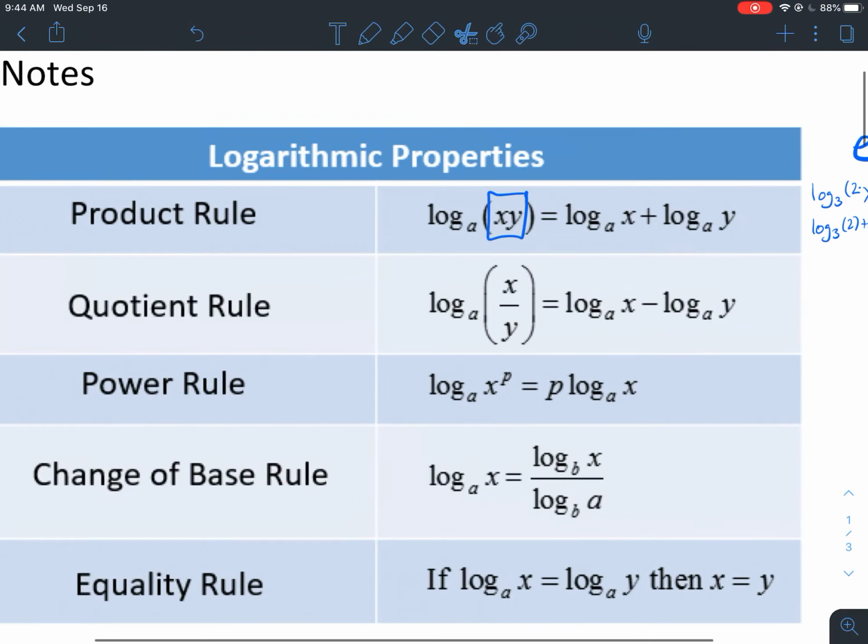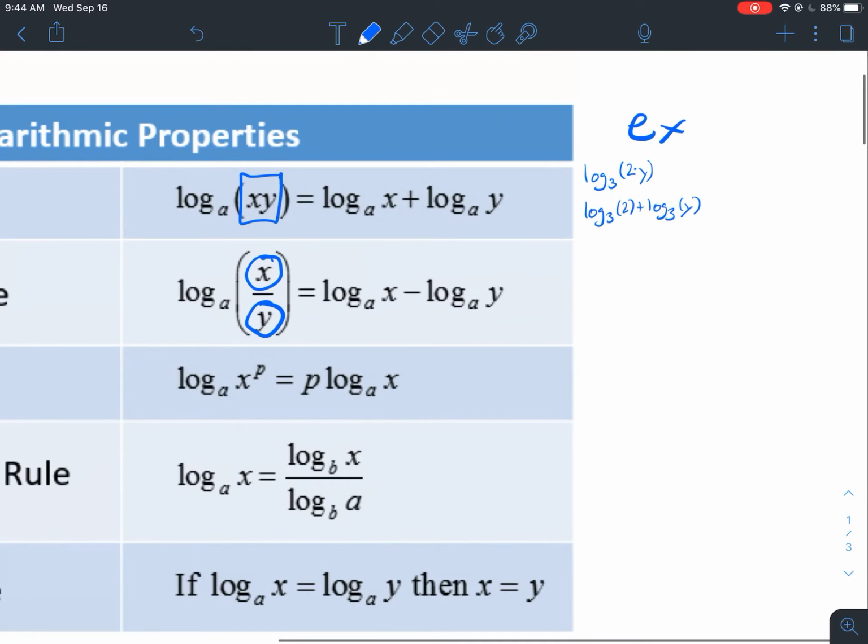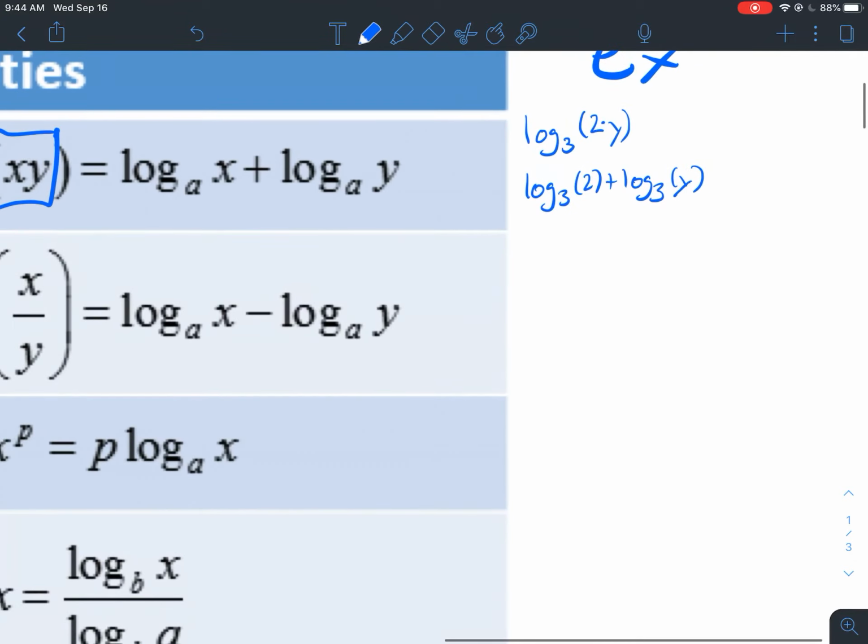Then we have the quotient rule. For the quotient rule, anything that's being divided inside of the logarithm can get split up and subtracted. So let's say we had log of 4 over k, we'll do log base 3.